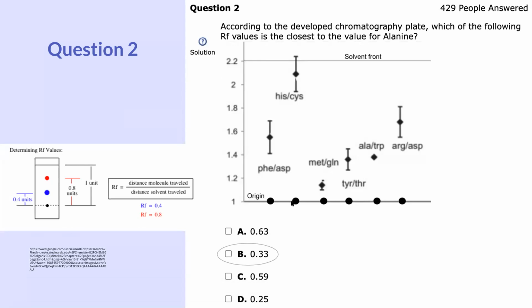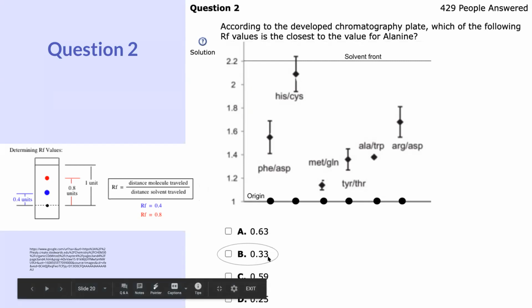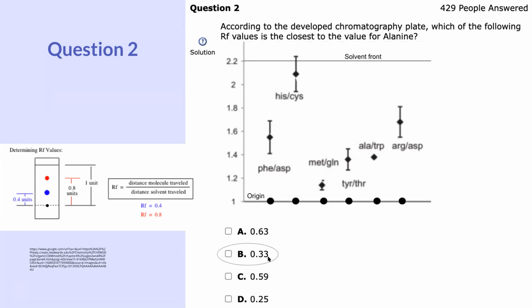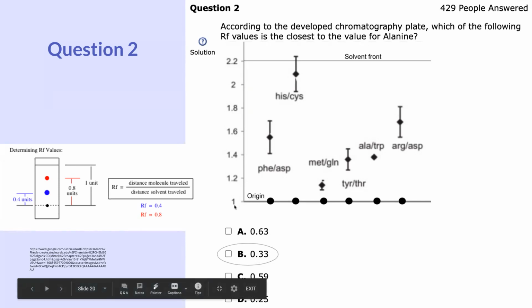So the molecule traveled 0.4 and the solvent traveled 1.2. So that would be 0.4 divided by 1.2, which is going to be 0.33. Does that make sense? I think the tricky part here was noticing that this was at 1 and not 0.